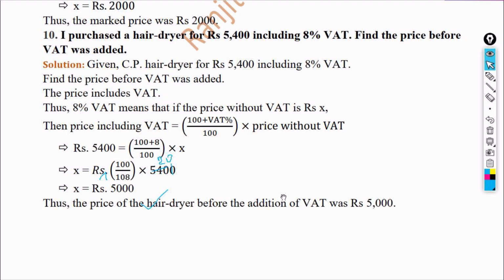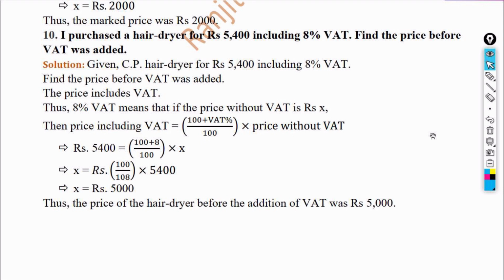Then given CP of the hair dryer is rupees 5400, and that includes 8% VAT. Then we can use the formula price including VAT equals 100 plus VAT percent divided by 100 into price excluding VAT, or price without VAT.